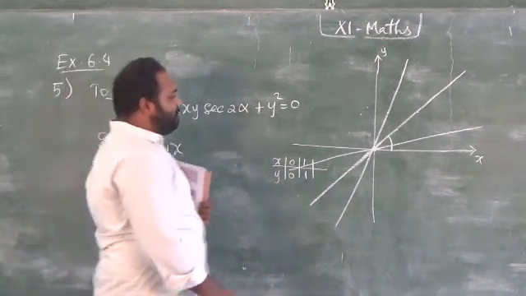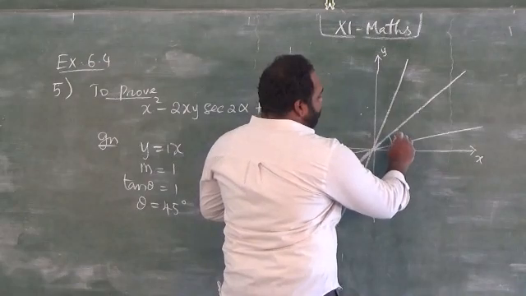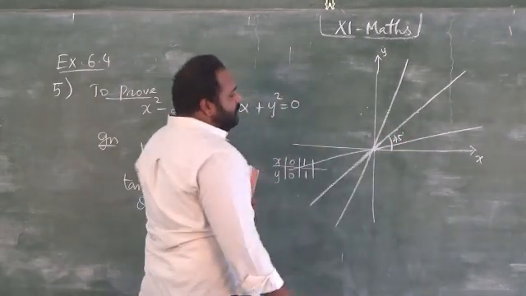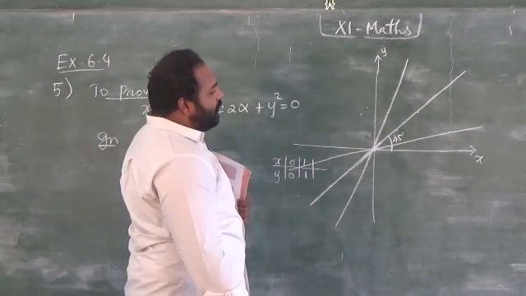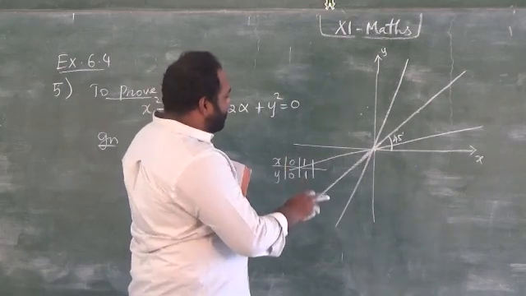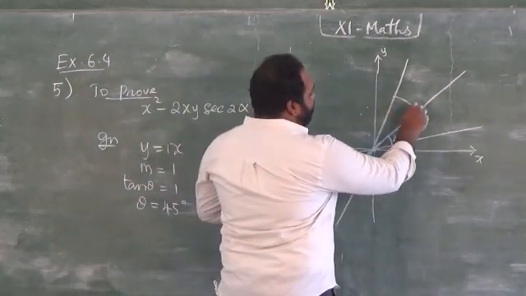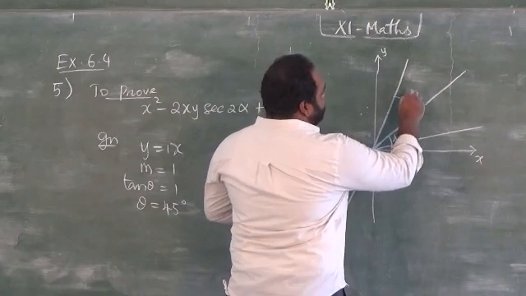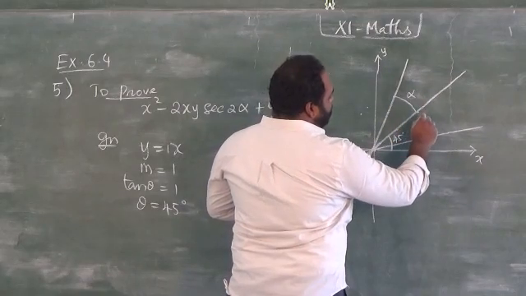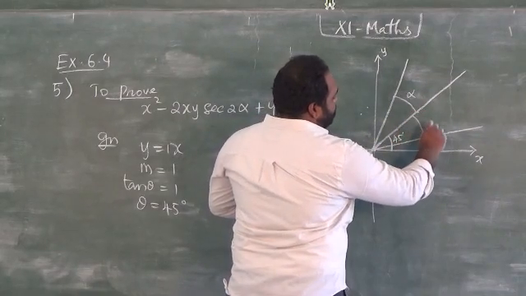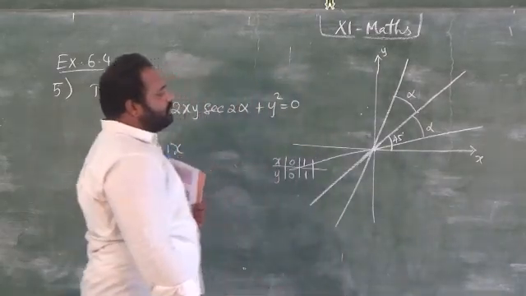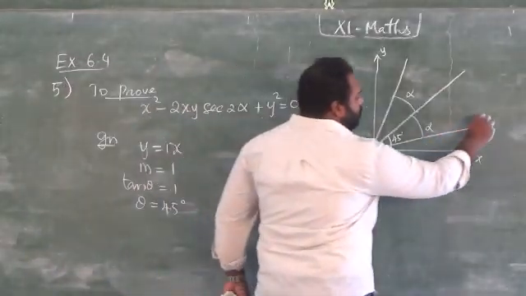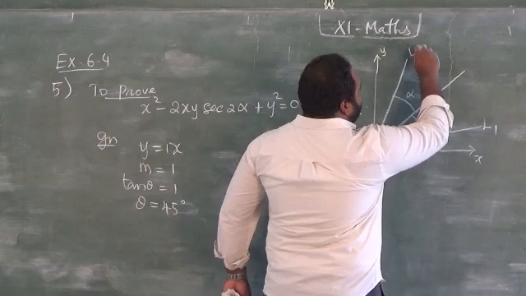So the slope of y is equal to x is 45 degree. Actually each line will make angle alpha with y is equal to x. So this is alpha, this is alpha. Okay, here line 1, line 2.